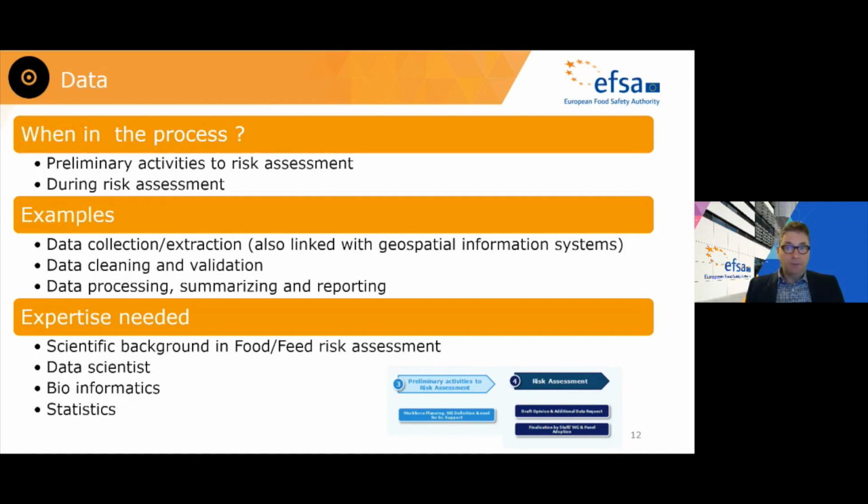To make data usable, they need to be validated, cleaned, and also analyzed. At the moment, data is ever increasing, and there are new tools and technologies that make it possible to generate very refined but also massive amounts of data. Think, for example, of geoinformation systems or whole genome sequencing, which delivers a very detailed representation of a genome, but this also means a lot of data.